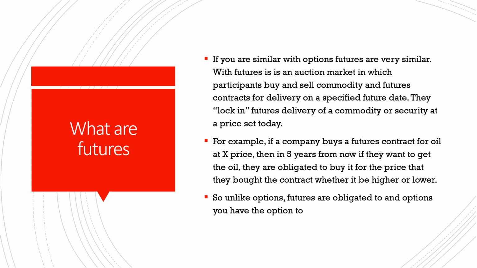For example, if a company buys futures contracts for oil at X price, then in 5 years, if they want to get the oil, they're obligated to buy it for the price that they bought the contract at, whether it be higher or lower. So, unlike options, futures are obligated to go through, whereas with options, you have the option to back out.